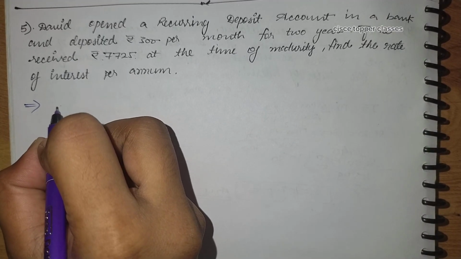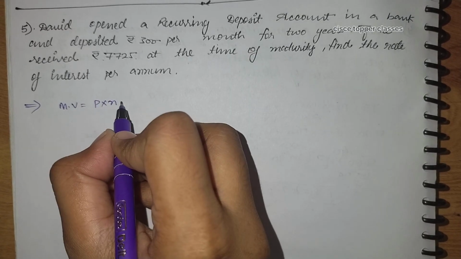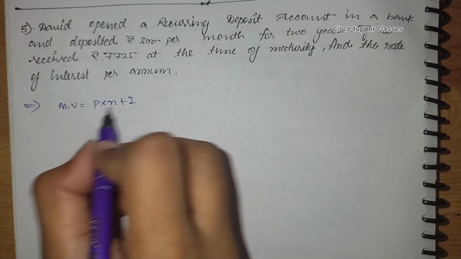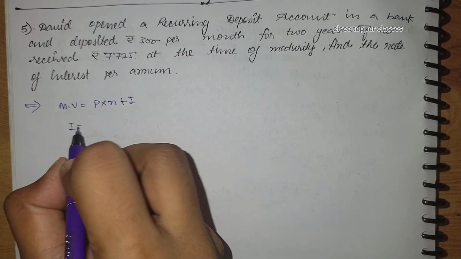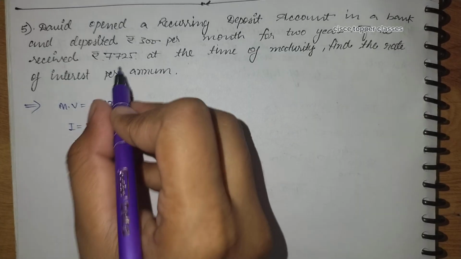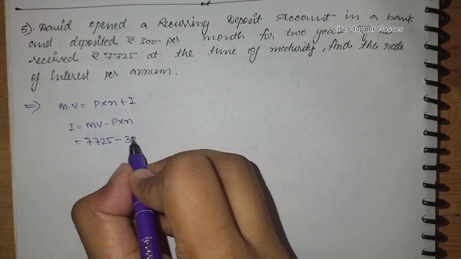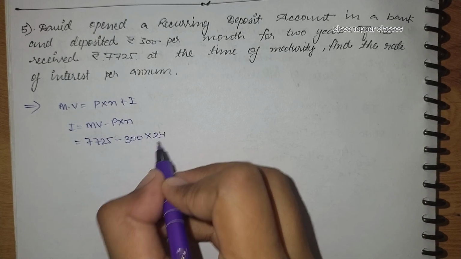So here we know the matured value formula as principal value into number of months plus interest. So if we want to find the interest, this will be matured value minus principal value into number of months. The matured value we have as 7,725 minus the principal value 300 into the number of months, which is 24.